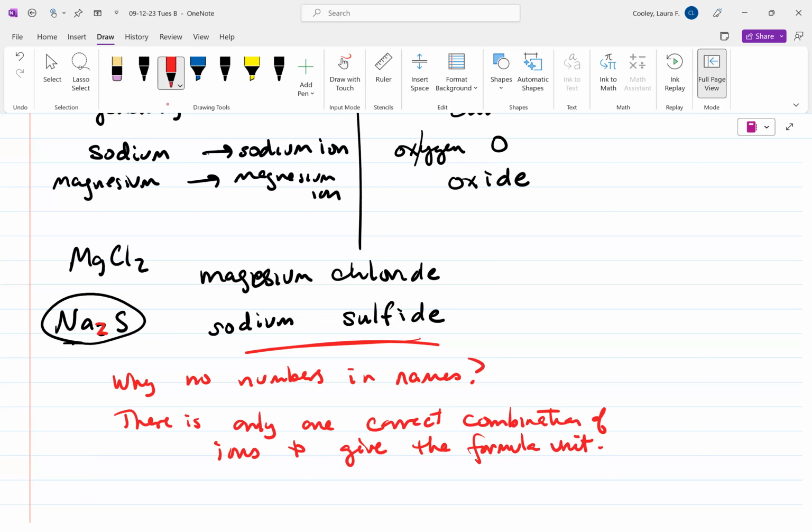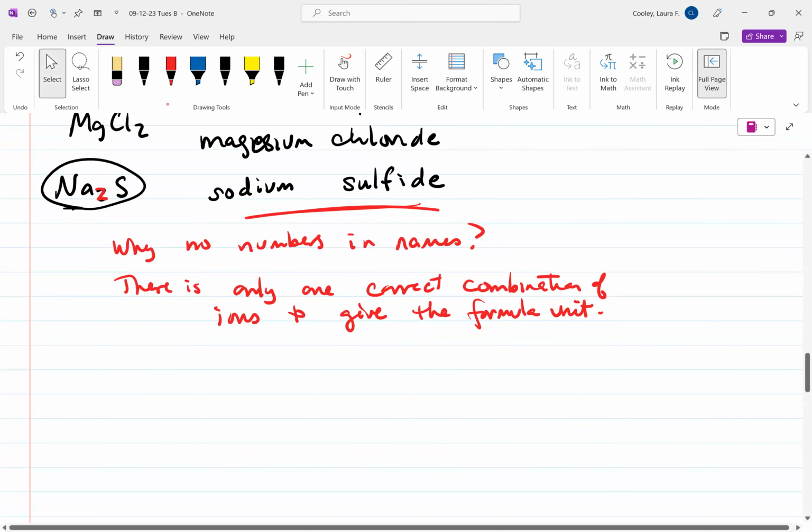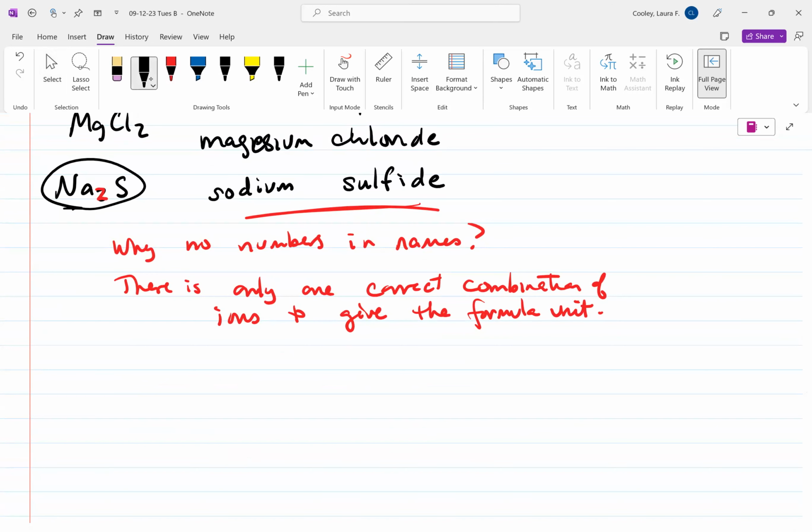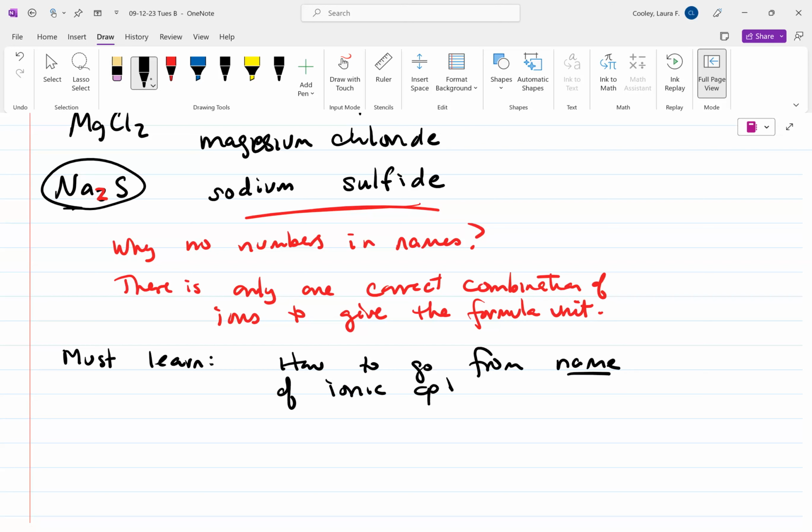And of course, it's assumed that you know how to do it right, but the name is not going to tell you anything about how many sodiums. So you must learn how to go from a name of an ionic compound to a formula.